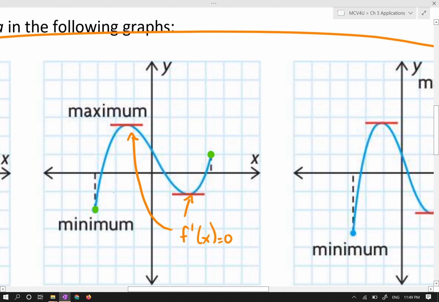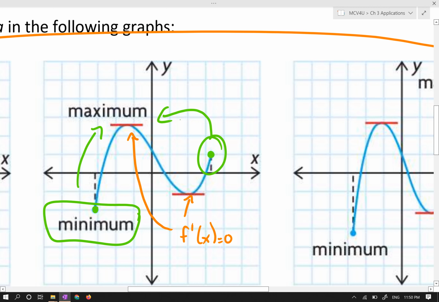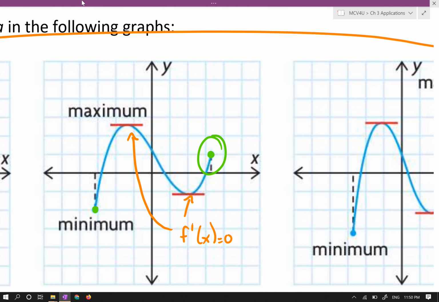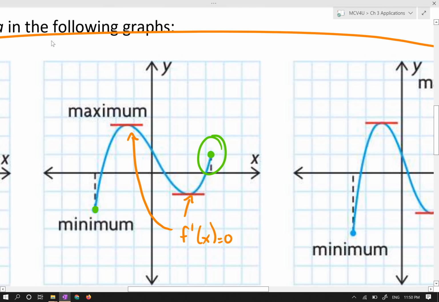So we'll check here, and our first endpoint we can see is below the local maximum. Our second endpoint, as we can see, is below the local maximum. So that means that this local maximum is also an absolute maximum over this interval.